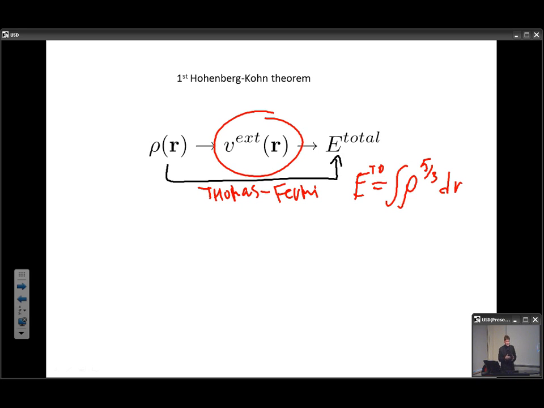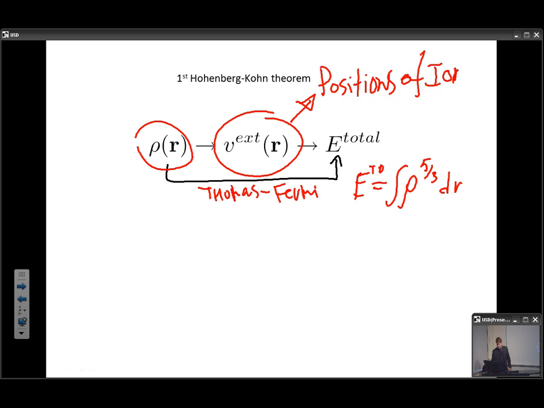But here is, I wouldn't say corrupted, but inversed logic. So they're thinking that if from somewhere we get a density, we can find a potential, and therefore probably we can find even what are the positions of ions.